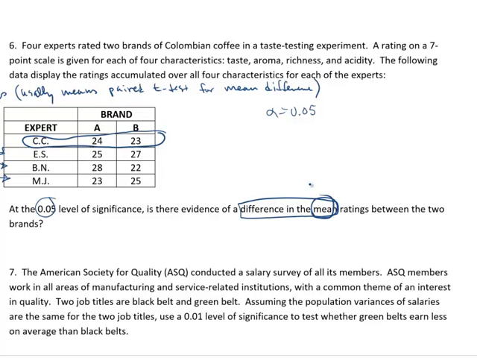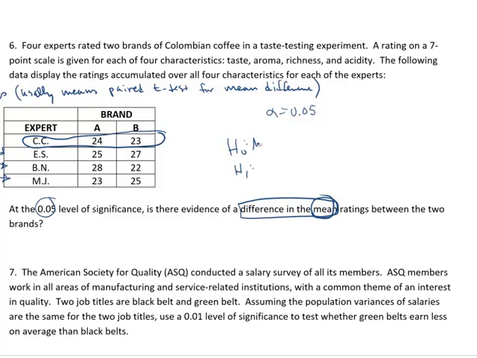All right, and since this is a paired t-test, where you're looking at the mean difference as a population value, our hypothesis will look a little bit different than the other 2 sample tests, but it is a 2 sample test.